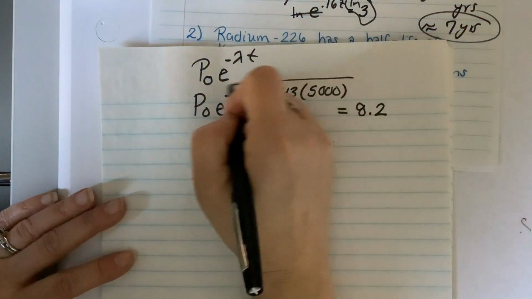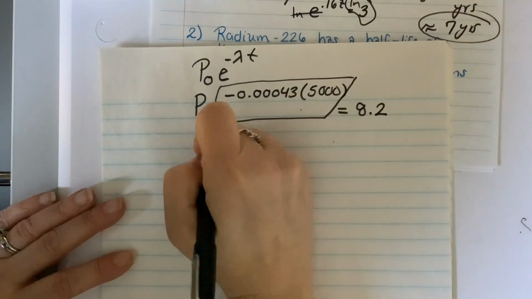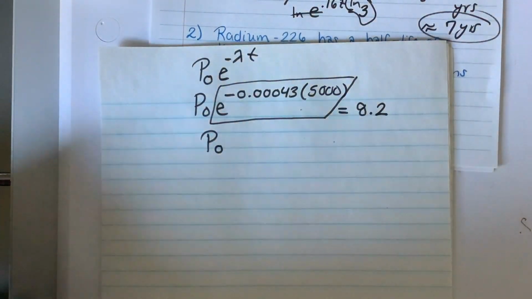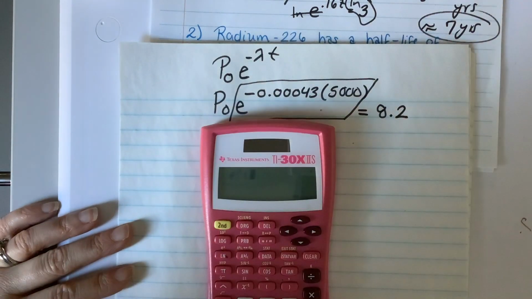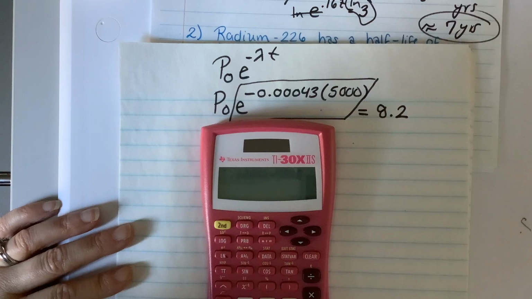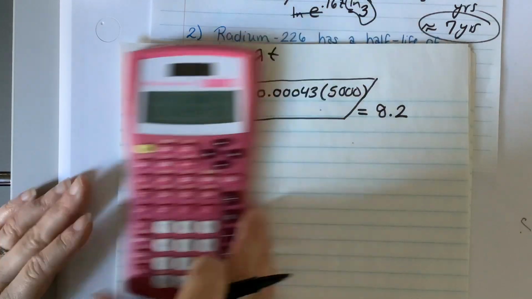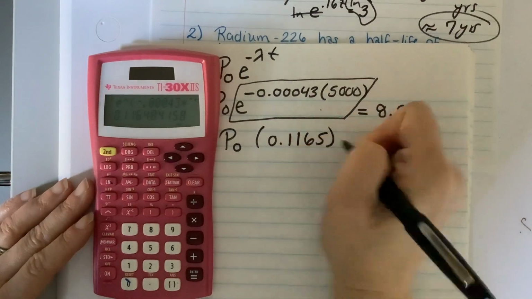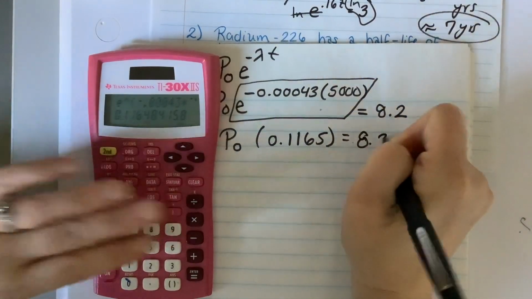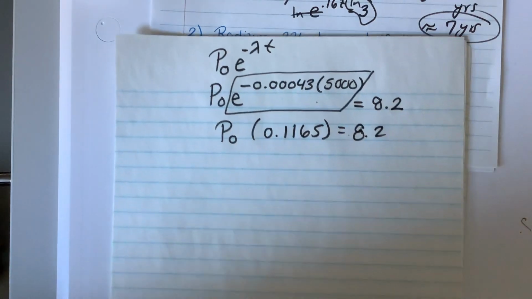This is a number. You can plug that right into your calculator. So P sub 0 times e to the negative 0.00043 times 5,000 is 0.1165. All I did was plug this into the calculator and rounded.